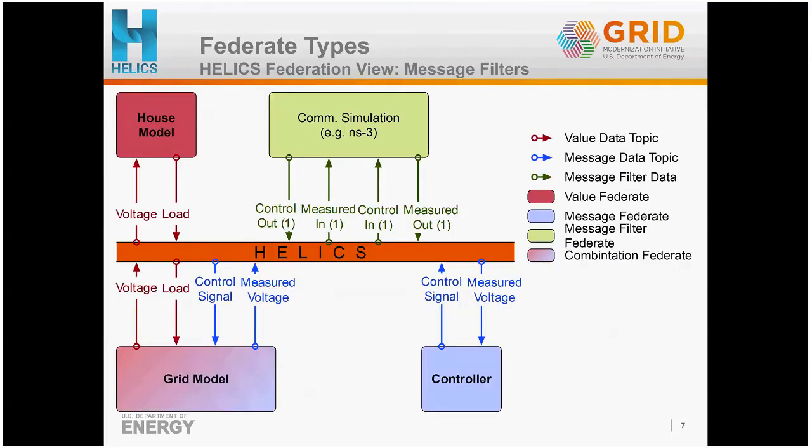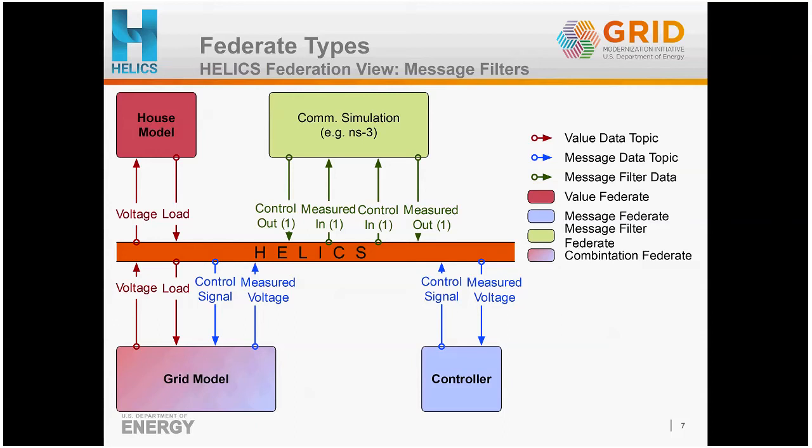Just as an example, say we have a grid model interacting with a house model, and that actually talks through the value-based interface. The grid model can also interact with a controller via a message interface. And this all interacts across the HELICS communication system internally.